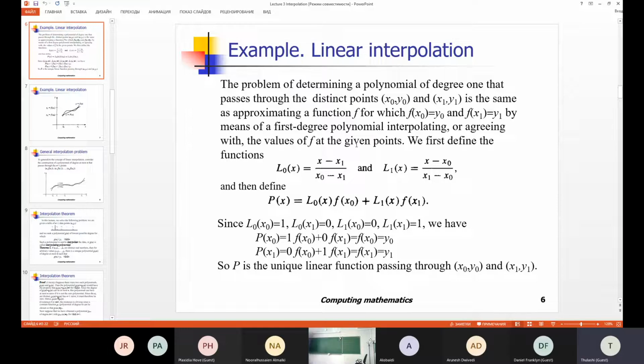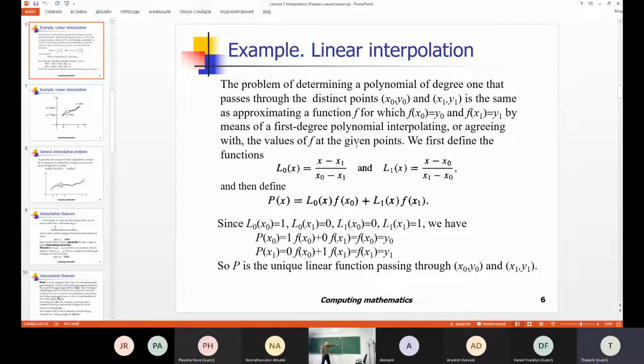And for this problem, it's very simple to check the answer. Is it correct or not? How to check? You should substitute these values of x, and you should get these values of y.